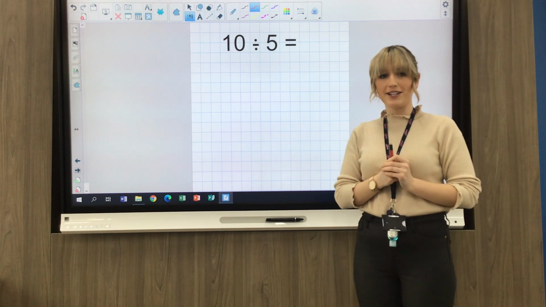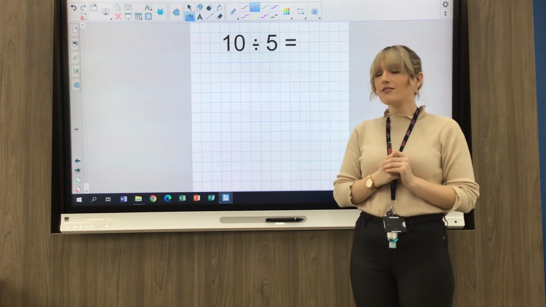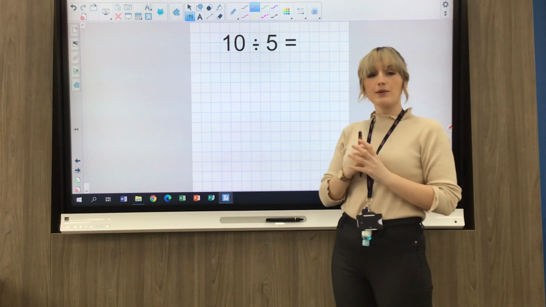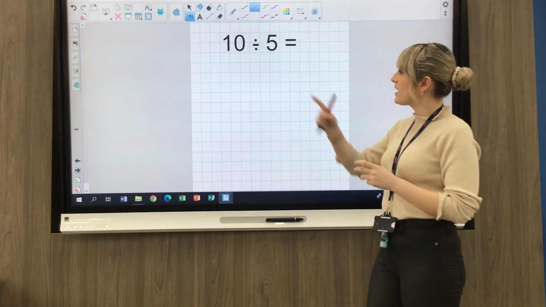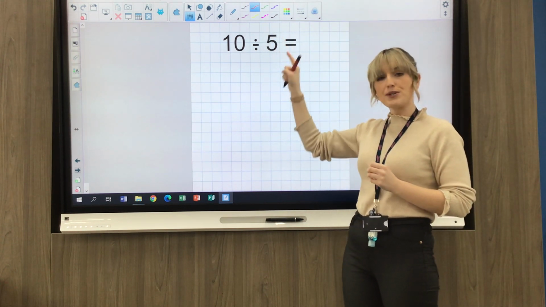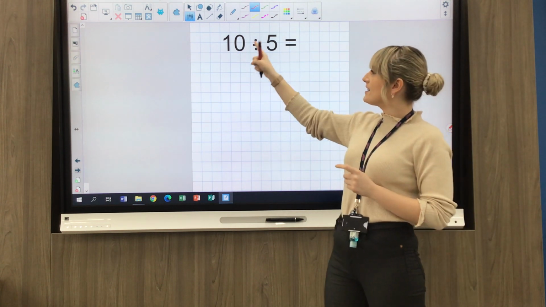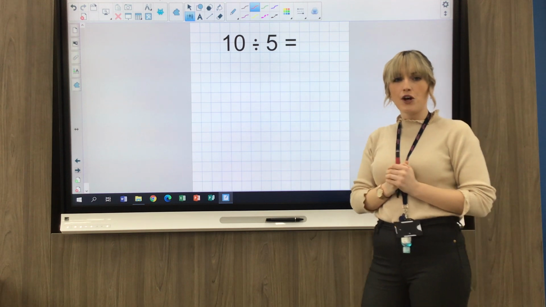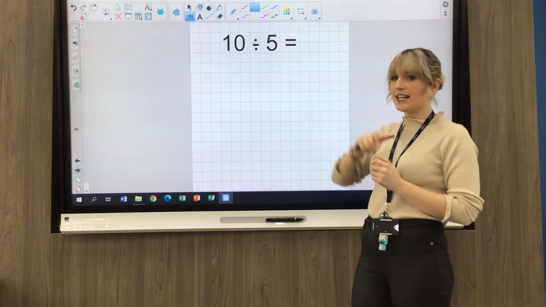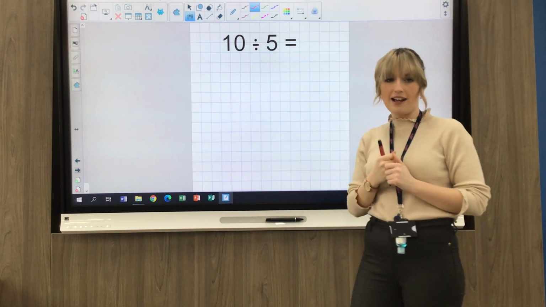Okay, so you should be ready to move on to division. We spoke about this on Friday. When we are dividing, we are making groups and seeing how many groups fit into a number. So in 10 divided by 5, we are seeing how many 5s fit into 10.